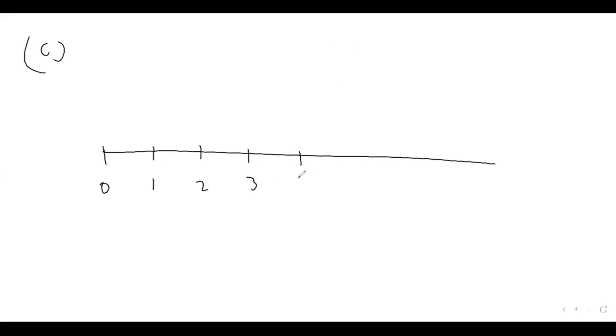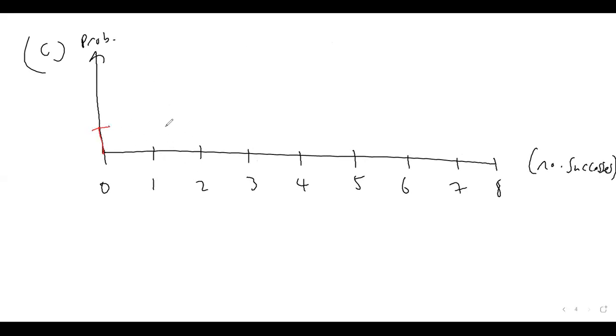So your x-axis is your number of successes, 5, 6, 7, 8, and your y-axis is going to be the probability. Let's just draw a random line chart like this.